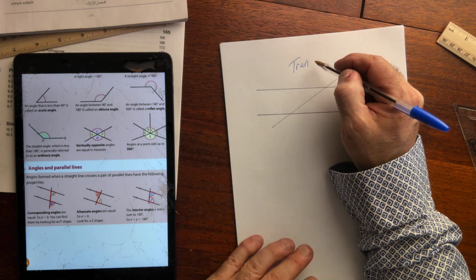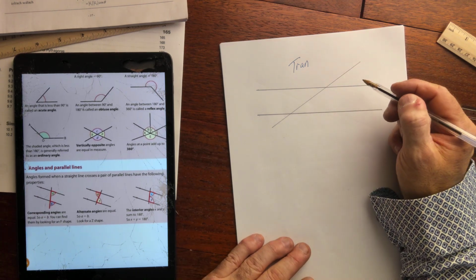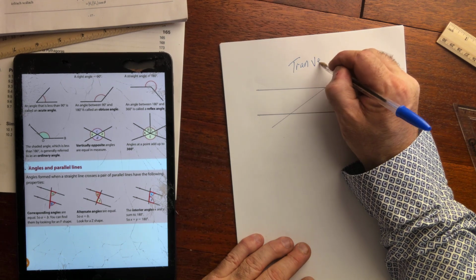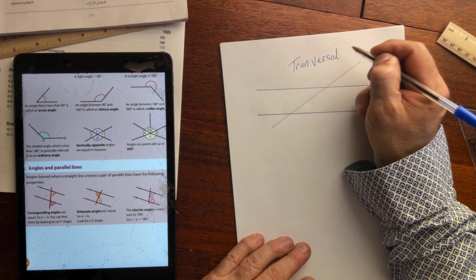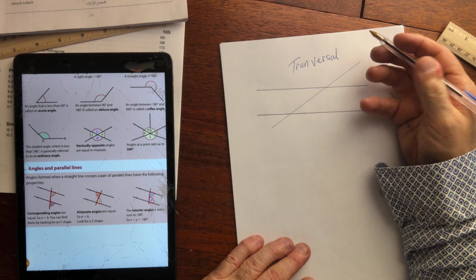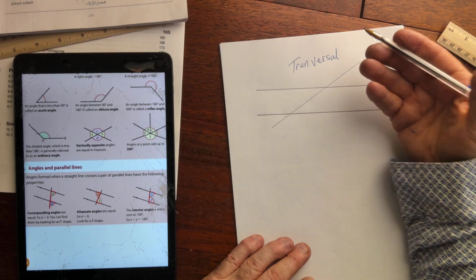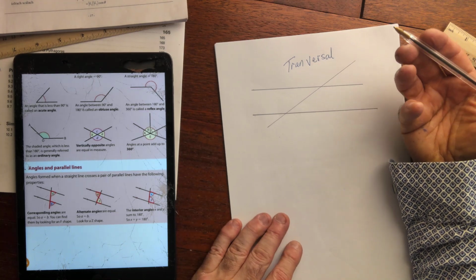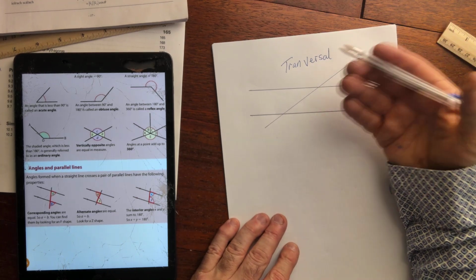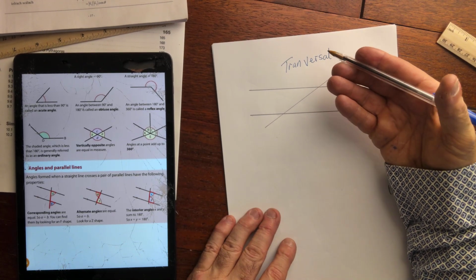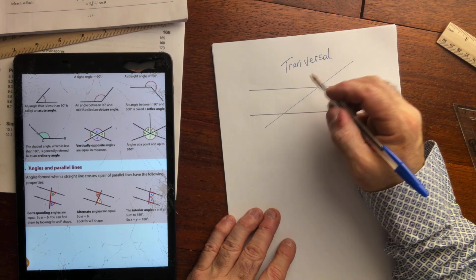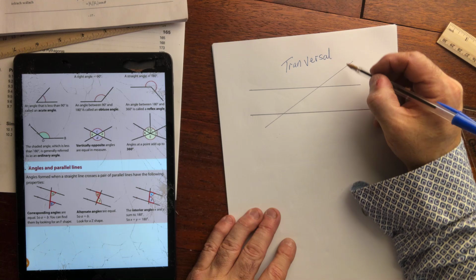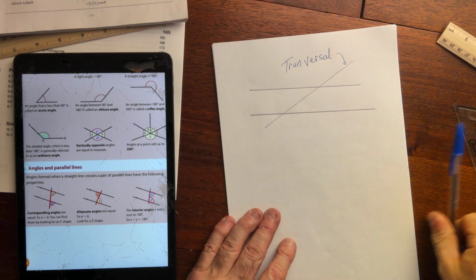It's not transducer, it's not transpose, that's a thing from algebra. Transversal. Now, I haven't been using that word regularly enough recently, so I was stretched. It wasn't in my long-term memory. I'm learning from that mistake that I need to work on this word. I need to make sure I can spell it and say it, and I know that this line is a transversal.